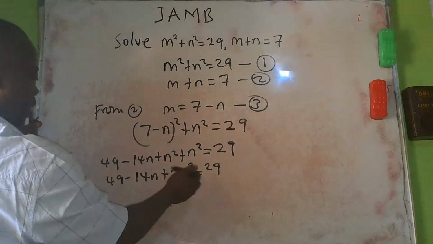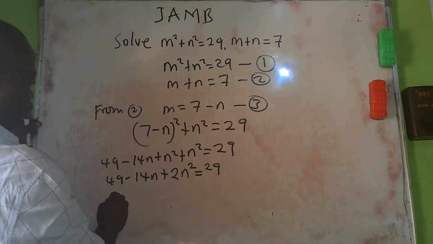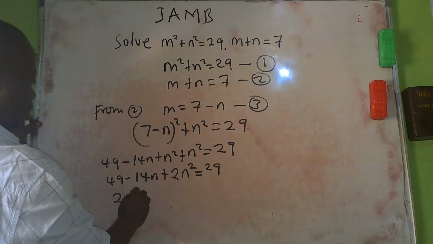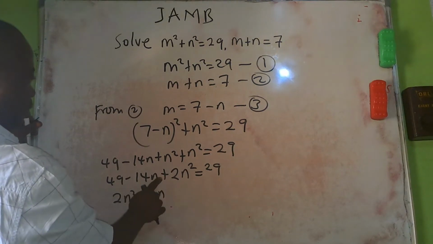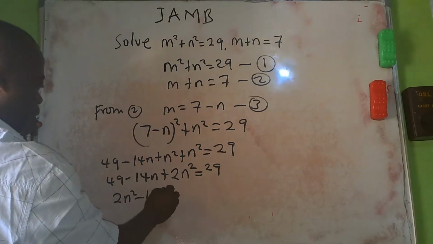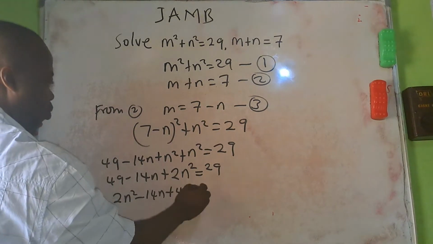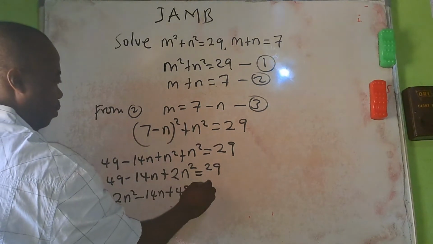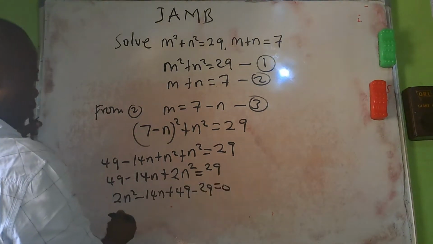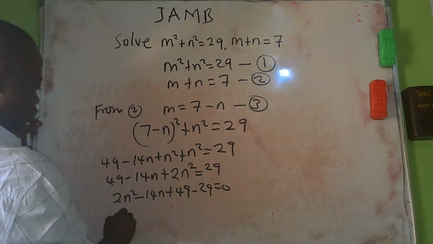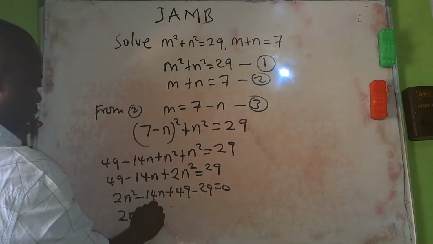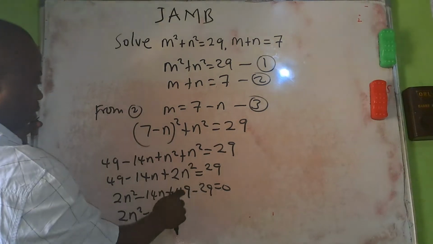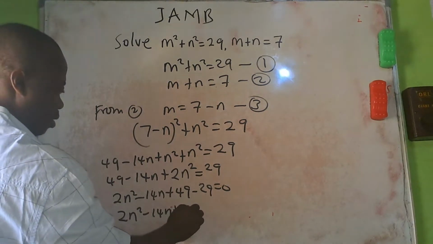I rearrange this to give me 2n squared minus 14n plus 49 minus 29 equals 0. So I will have 2n squared minus 14n plus 20 equals 0.